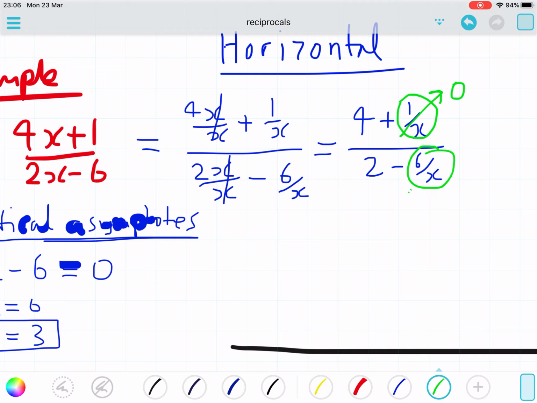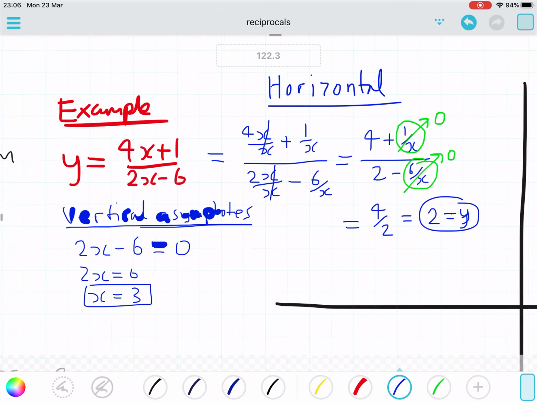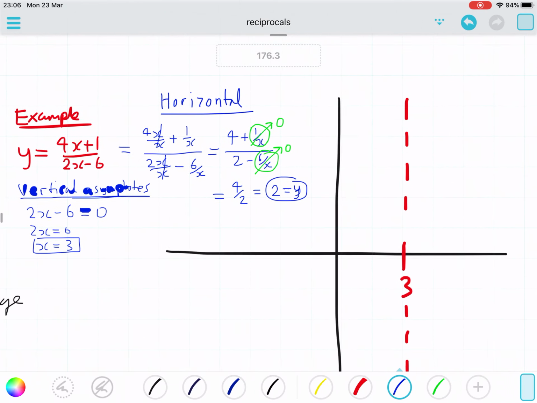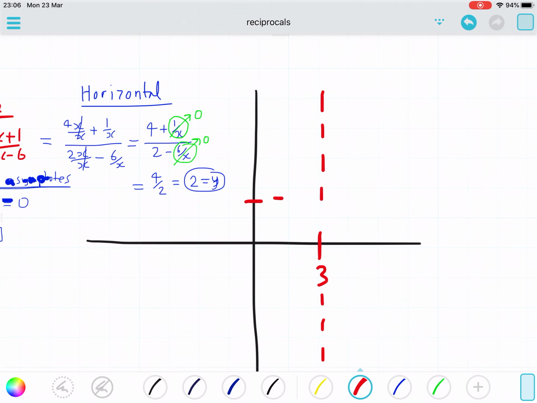The same thing here, that also limits to 0. And when x is extremely, extremely big, we're just left with 4 over 2, which is just 2. So we would have y equals 2 left over. So that tells us that when x is extremely, extremely big, y is getting closer and closer to and limiting to 2. So we can then put that on the graph.